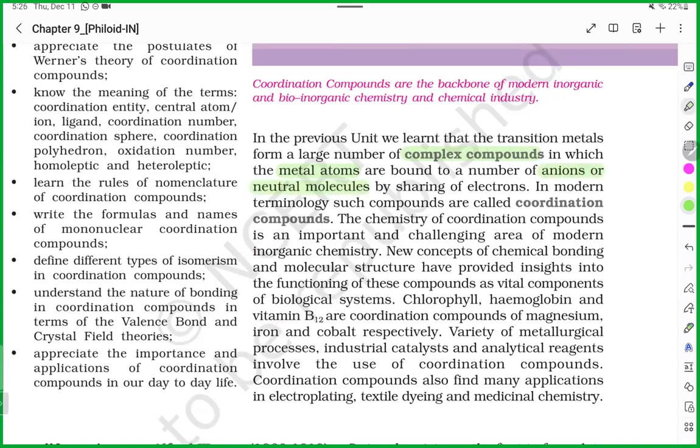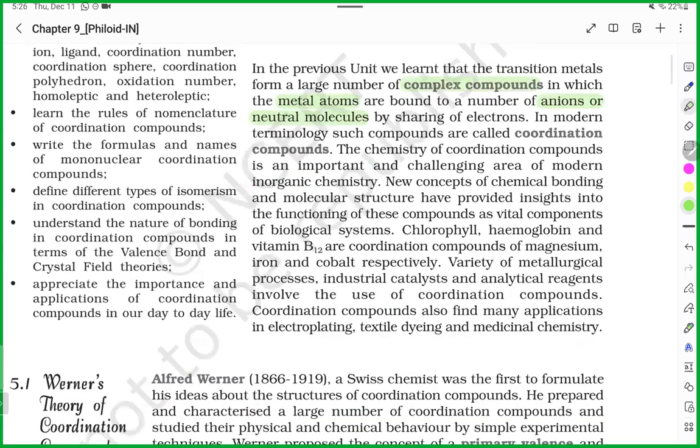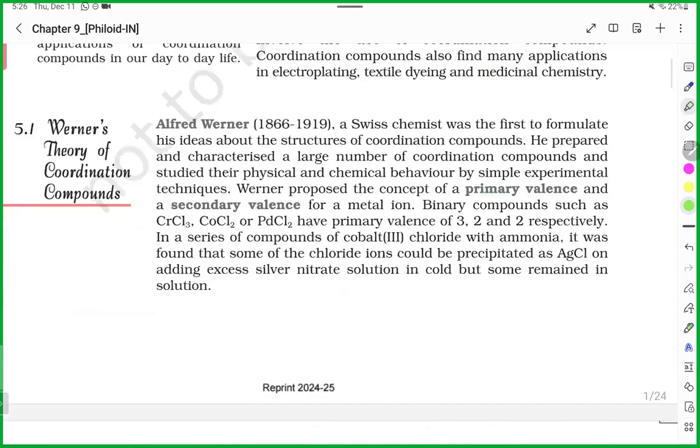Such complex compounds are known as coordination compounds. For example, in chlorophyll, we have a coordination compound of magnesium. In hemoglobin, you already know we have iron, and vitamin B12 contains cobalt. These are examples of what we use in life.